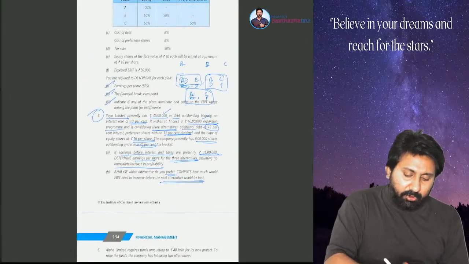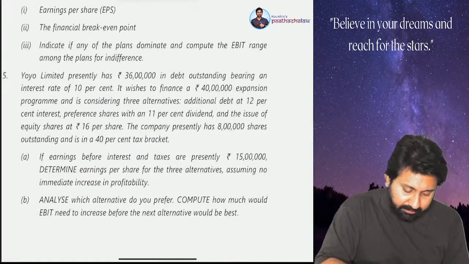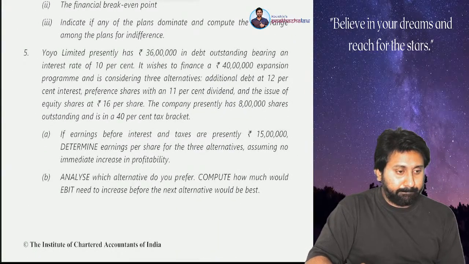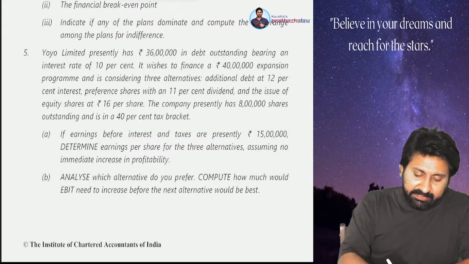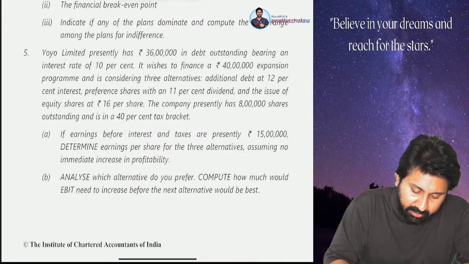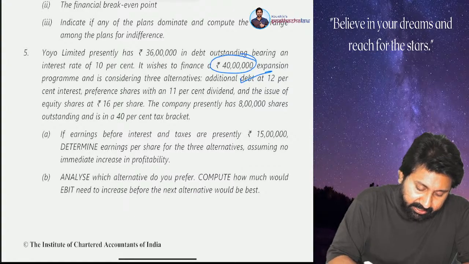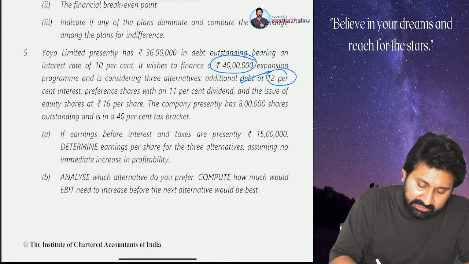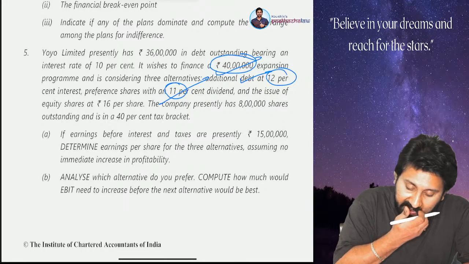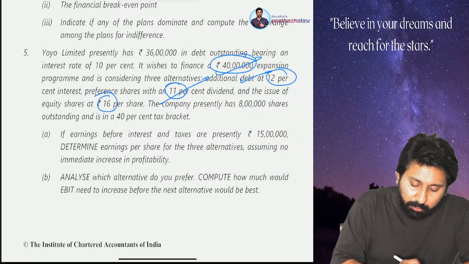The second bit we can do later. First you answer bit number 1. See the question first. Let us first understand what all the alternatives are. Alternative: this 40 lakhs is raised by debt with 12% interest, or by preference with 11% dividend, or if it is issued as equity shares at 16 rupees.